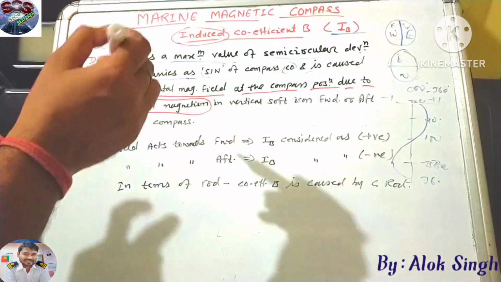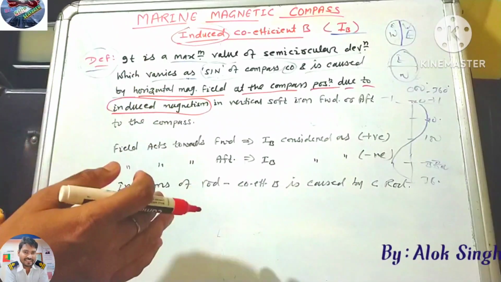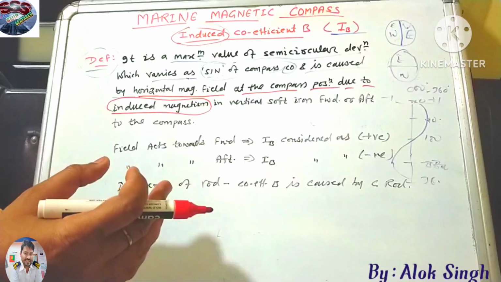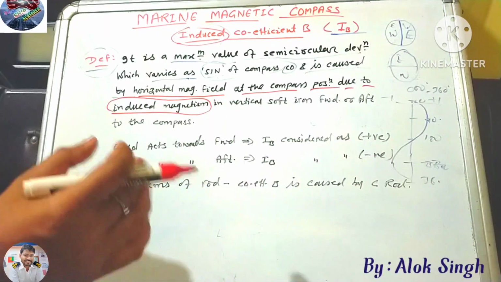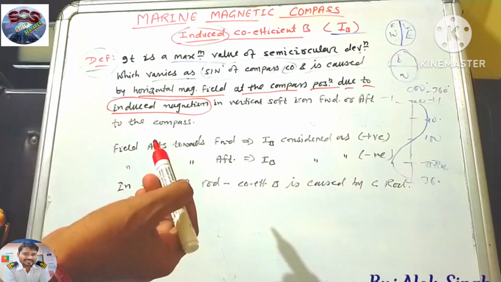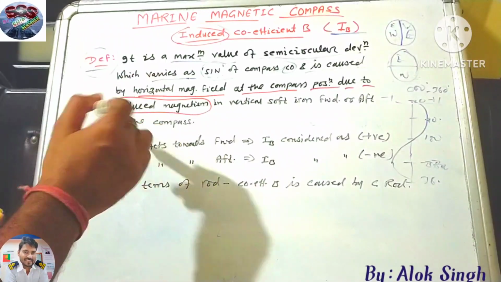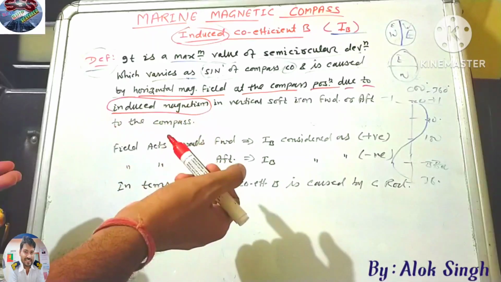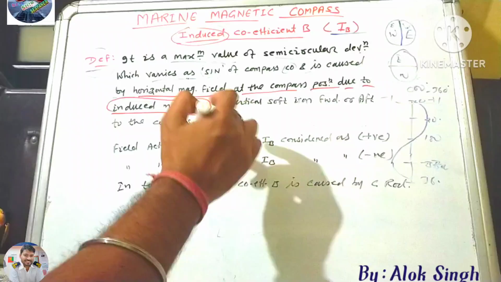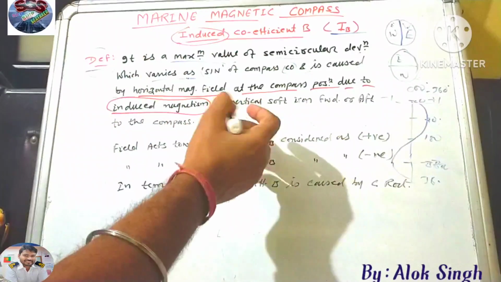Permanent we have already discussed: when a vessel is constructed somewhere, the hard iron of that vessel, like hull, longitudinals and those parts, has been permanently magnetized to either red pole or blue pole. But here it is induced, meaning it is temporary, because of the earth's magnetism. That difference will be clearer when we draw the 360 degree diagram.